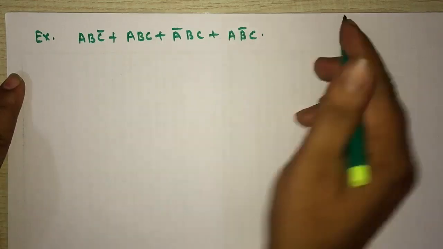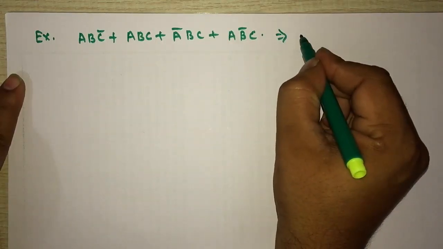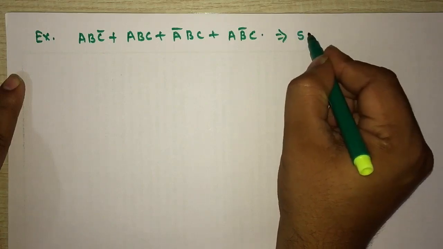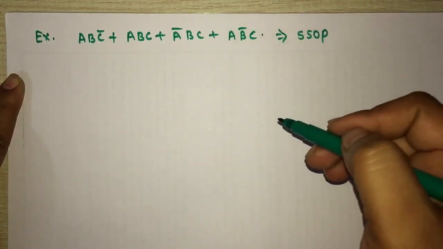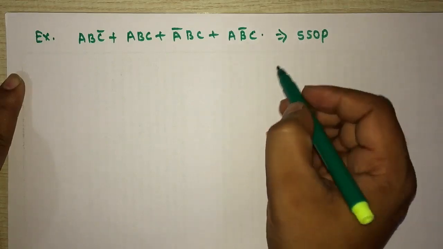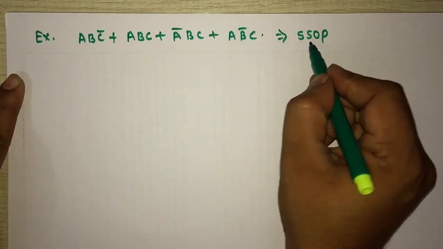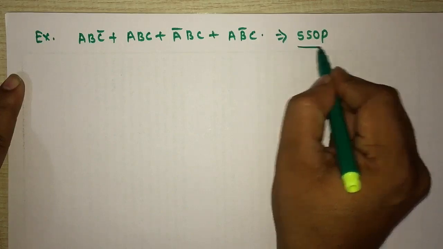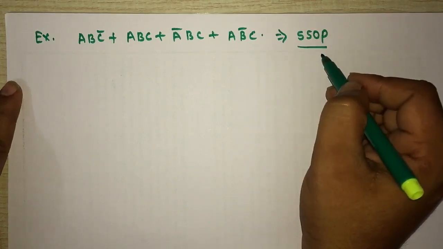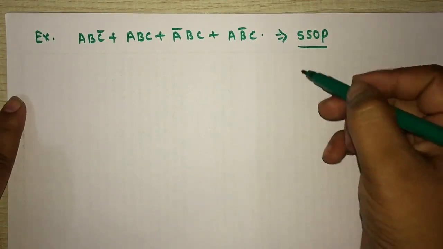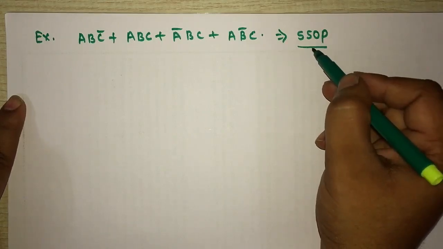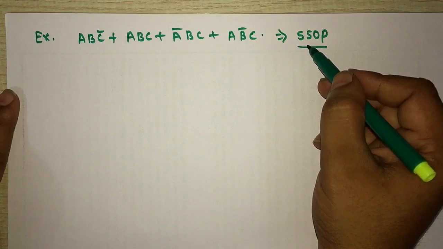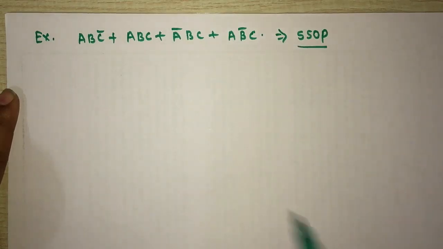Here the equation is given in standard SOP form. When we want to convert an equation into min term form, we first have to convert it into standard SOP form. If the equation is not in standard form, you need to first convert it into standard SOP form, and after that we will convert it into min term form.